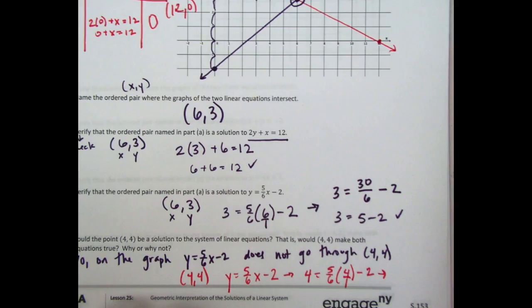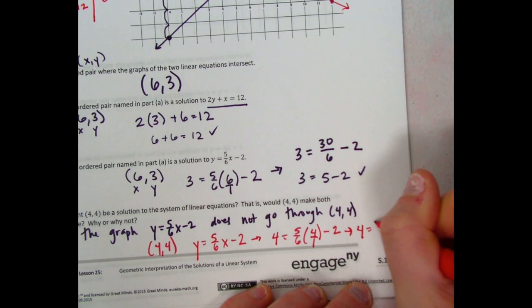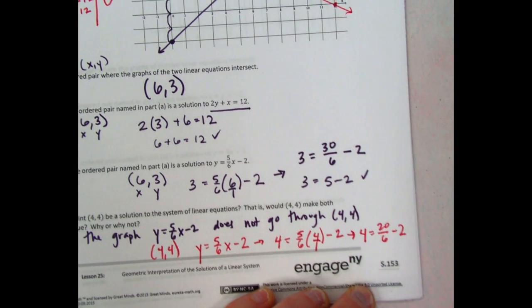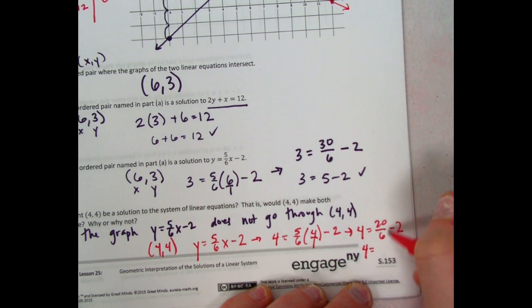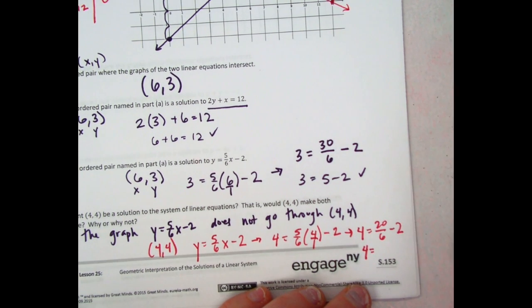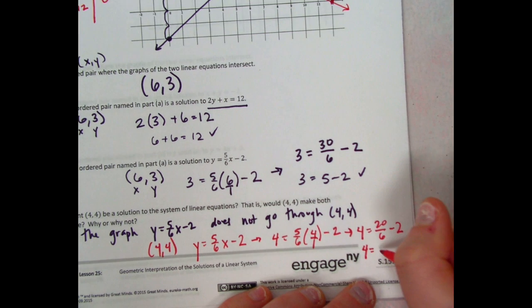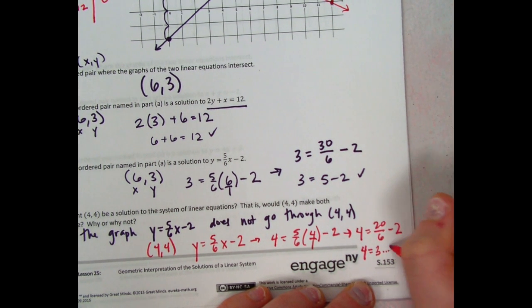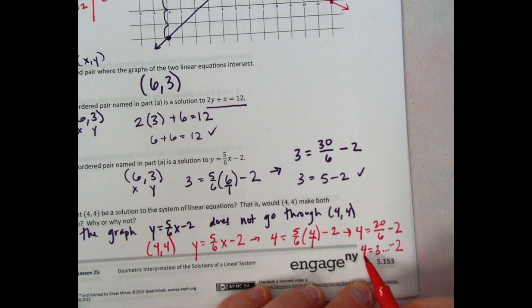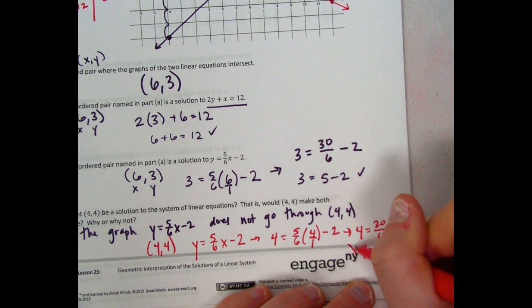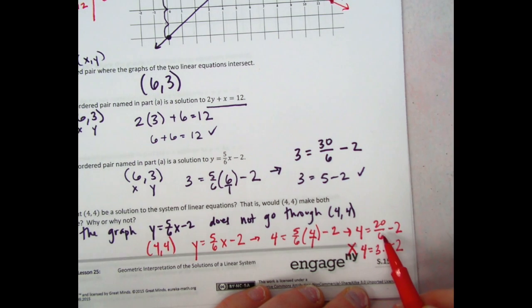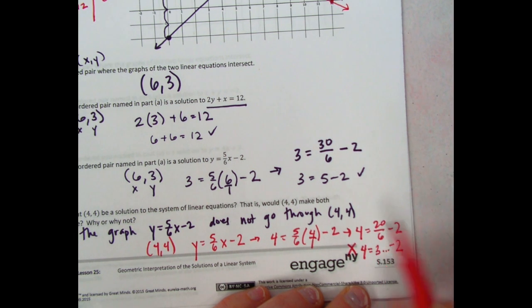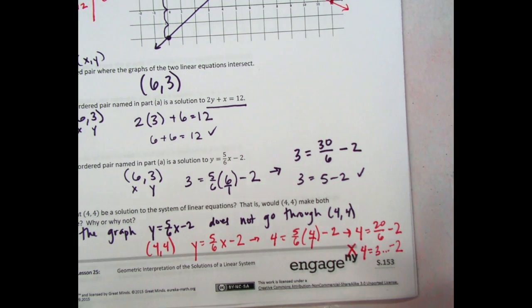Is it true that 4 equals 20 over 6 minus 2? 20 over 6 is 3 point something, minus 2. 4 is not equal to 3 something minus 2, so we know that is not true. We could find the exact decimal and fraction, but just by observing that this is close to 3, it's not going to work.